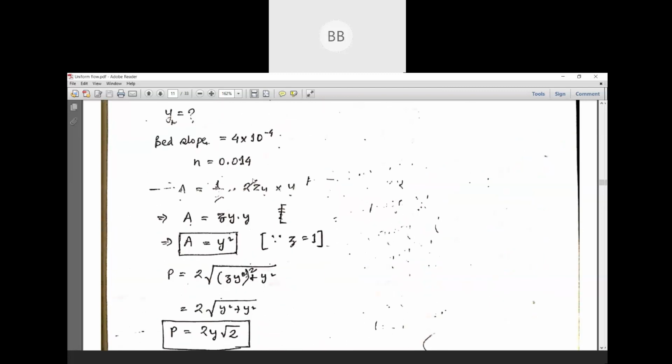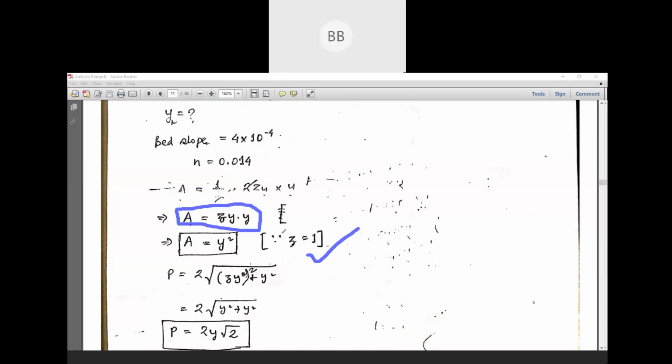It's not visible properly here, so that is why I am saying zy square. In this problem your z is equal to 1. So we substitute z equal to 1 and we get area equal to y square.